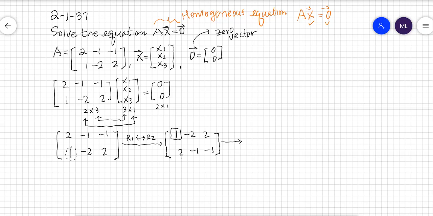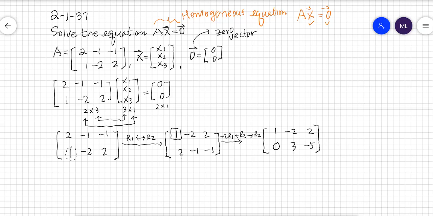So how do I do that? Multiply -2 R1 plus R2, and we replace row 2. So it's 1, -2, 2. That will be 0 because that's -2. Now this is going to be +4, so it's going to be 3. That's going to be -4, so it's going to be -5.